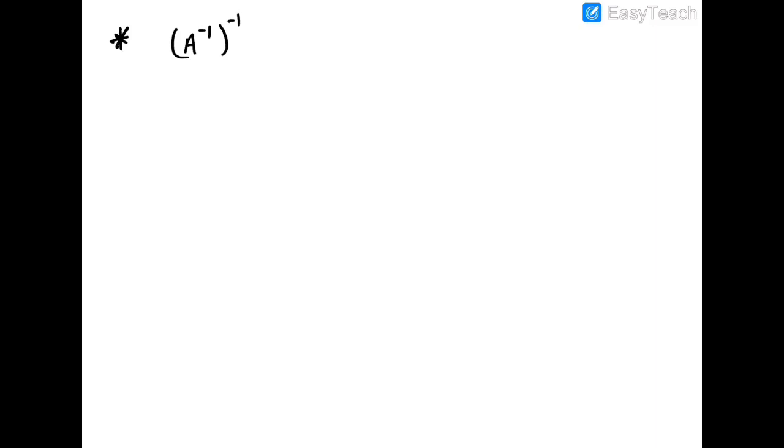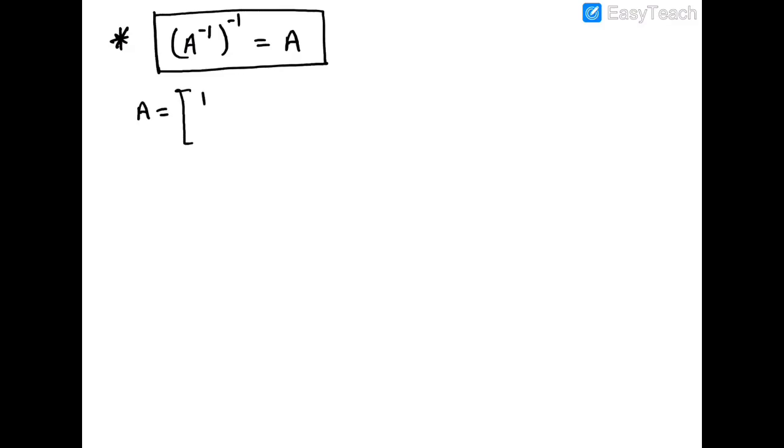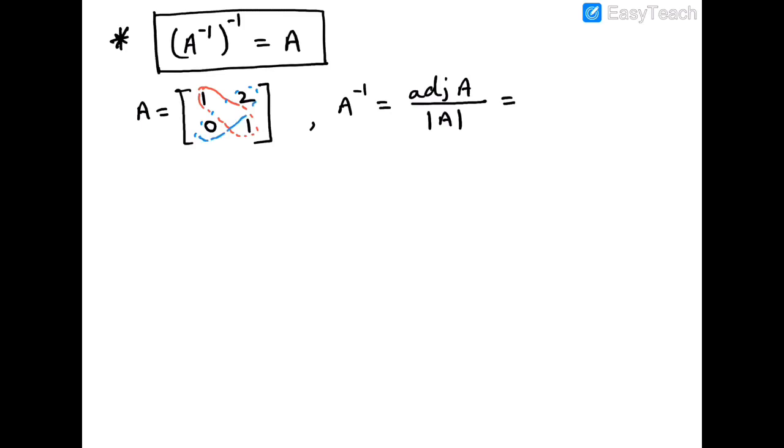Now let's prove inverse of A inverse is equal to A. So for that, let's take a 2 by 2 square matrix 1, 2, 0, 1, and let's find out its A inverse, which is adjoint of A divided by determinant of A, and adjoint will be just interchange 1, 1 and change the sign for 0 and 2.